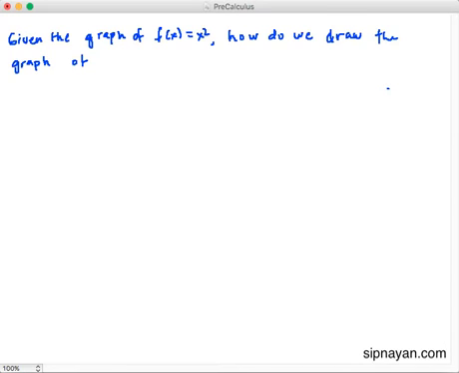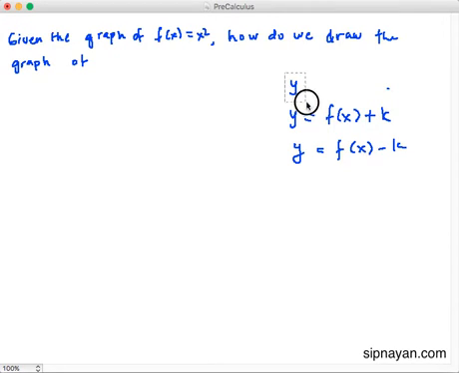And kung maalala nyo, ang in-explore natin sa last video ay yung graph ng y equals f of x plus k tsaka y equals f of x minus k. Nirelate natin yun sa graph ng f of x equals x squared. At sabi natin, yung k natin dito is positive.